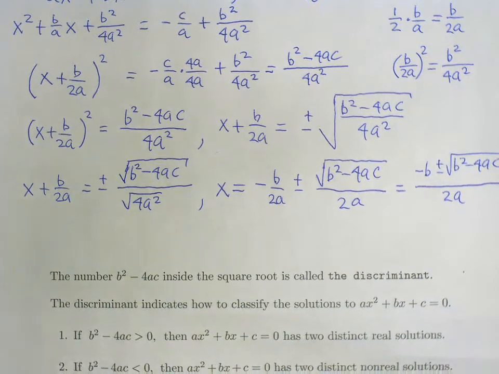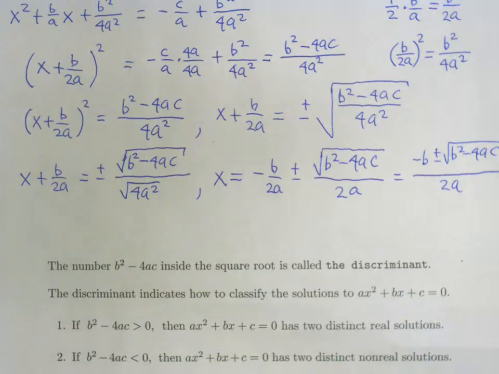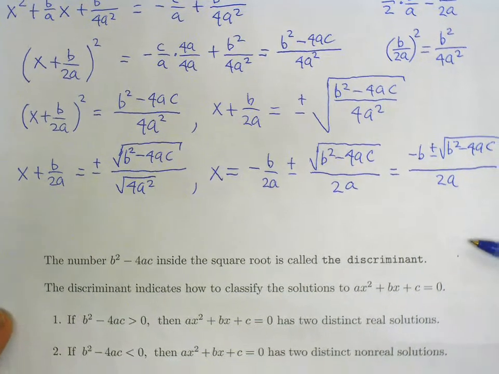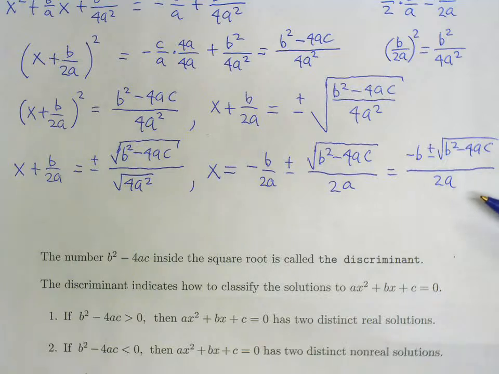Since we know about square roots of negative numbers, square roots of positive numbers, and the square root of 0, we will be able to classify the solutions to quadratic equations.